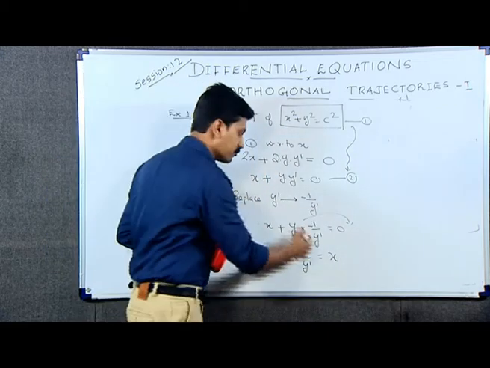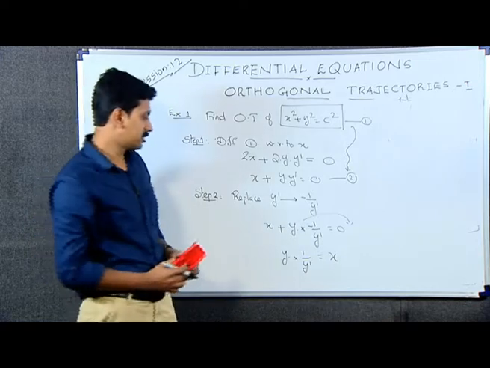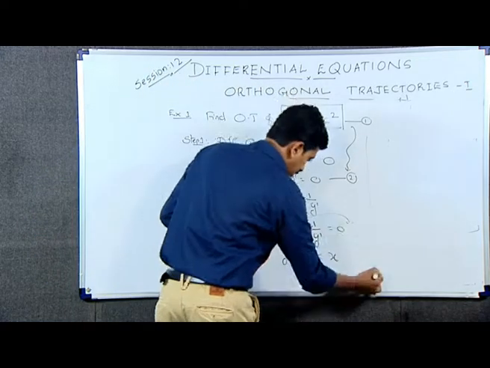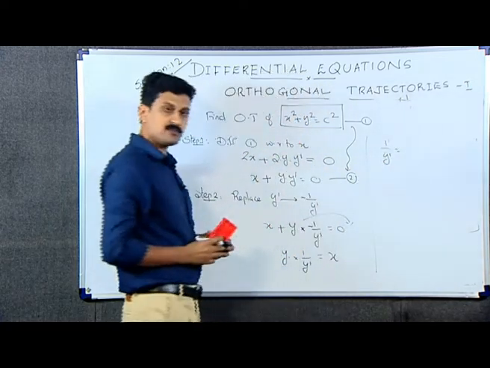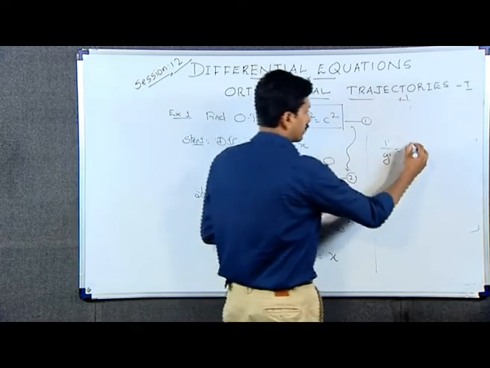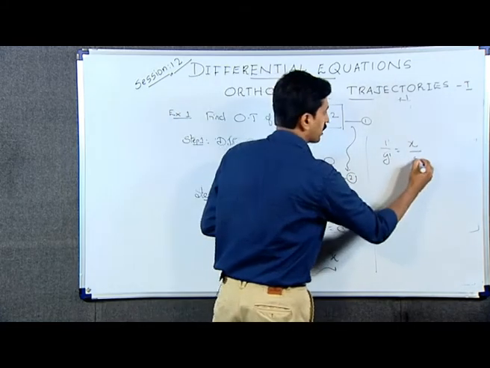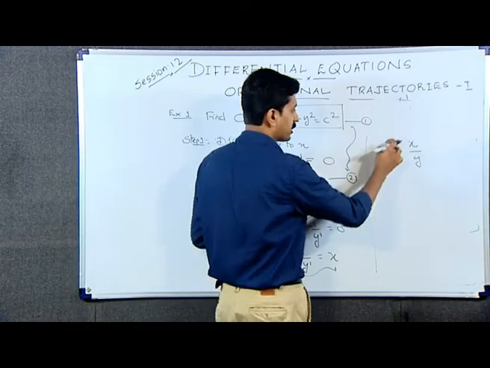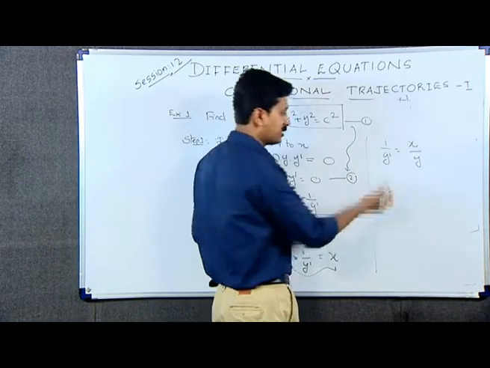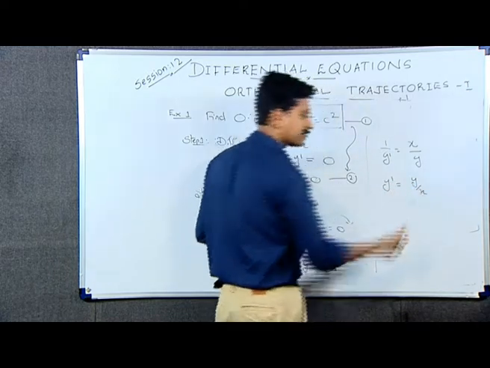Then 1 by y dash is equal to x divided by y. Taking the reciprocal on both sides, y dash is equal to y by x.